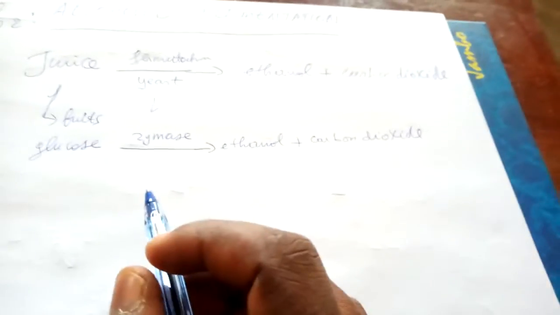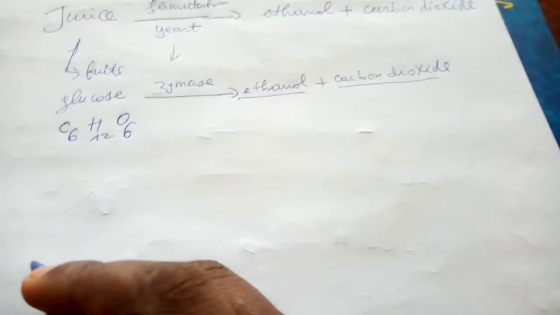Practically, if you want to know that carbon dioxide is produced, if carbon dioxide is produced, ethanol also is present. It means that here we have C6H12O6, this is glucose.